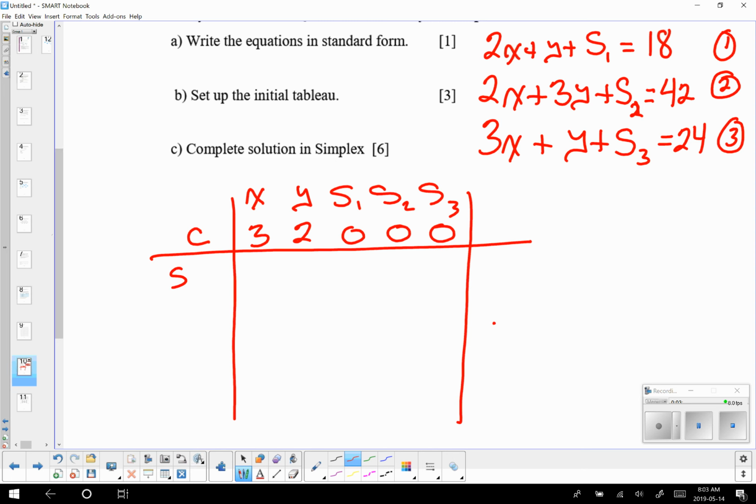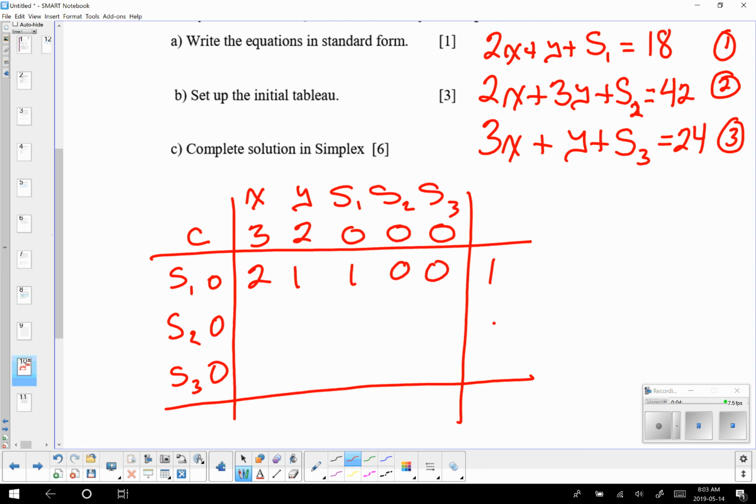So first of all, the slacks go in here. And just like in Excel, this will be 2, 1, 1, 0, 0, 18, 2, 3, 0, 1, 0, 42, and 3, 1, 0, 0, 1, 24.